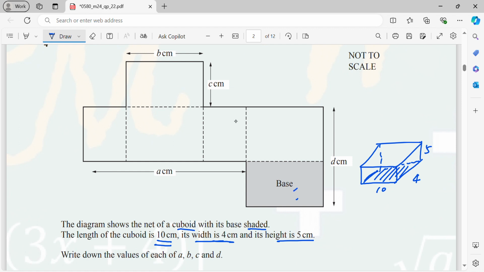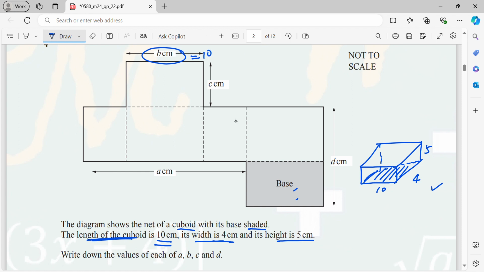Since this is the base, when you fold this net into this cuboid, the length here is basically B. So B is basically 10.